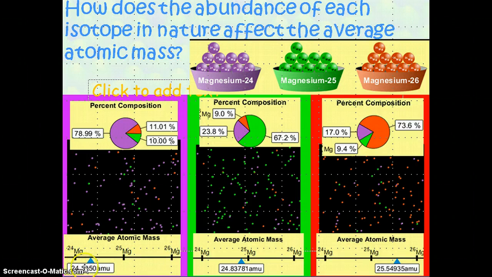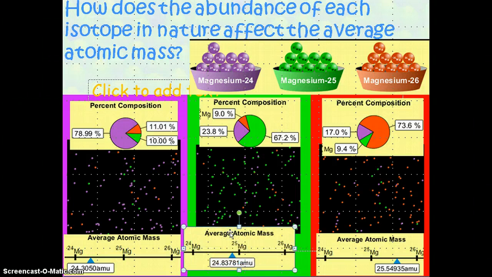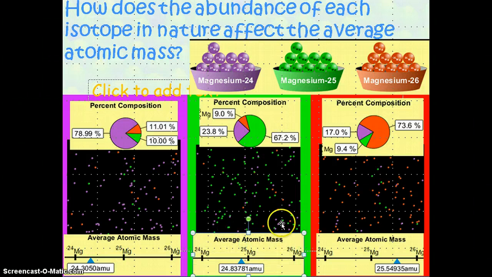So the average mass is 24.3, and that is closest to the mass of the isotope magnesium 24. Now that makes sense because you have the most magnesium 24 in that sample. Moving on to the next one, you have the most magnesium 25. And again, you see that the average is closest to the actual mass 25, the one that appears most in the sample.